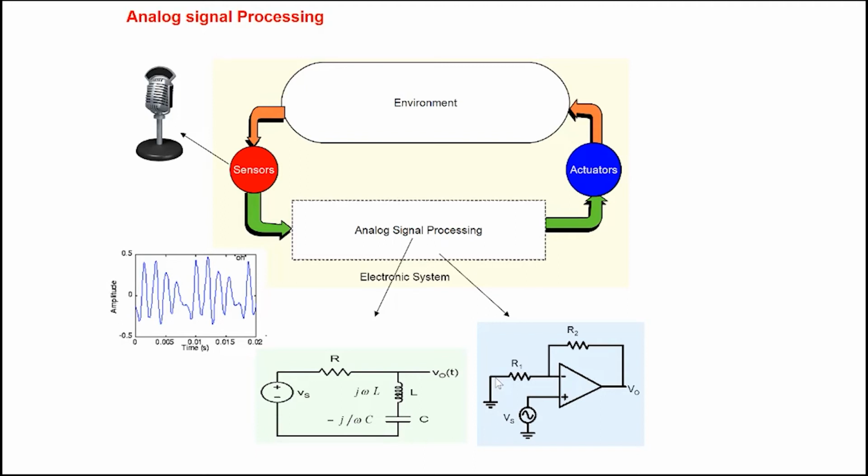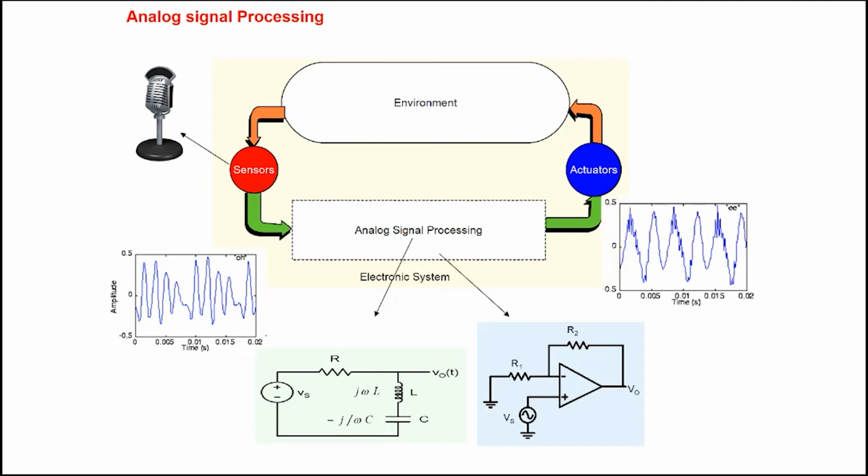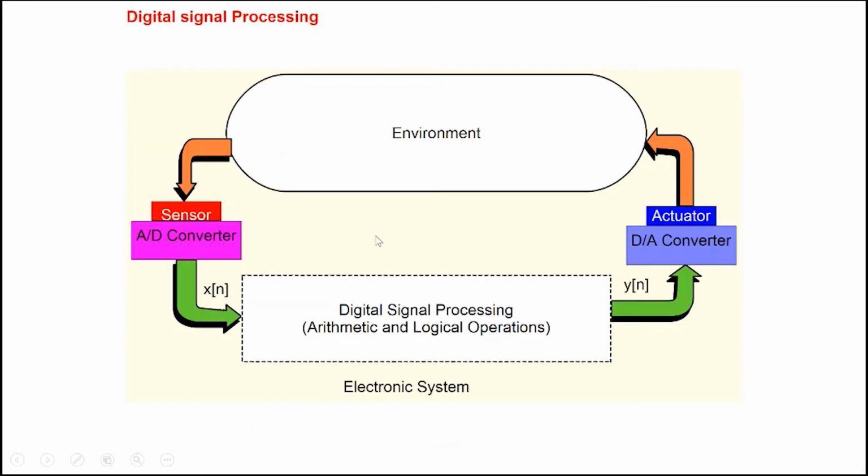For that reason, it is easier and best that when you convert a signal to an electrical signal, which may be analog, you use an analog to digital converter to convert it into a digital signal, do all the processing in the digital domain, and then convert your digital signal back into analog, and then use an actuator to come back to the environment.